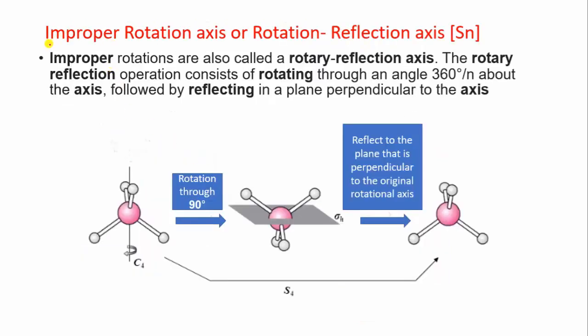Now next is the improper rotation axis, or rotation reflection axis. Improper rotation is also called a rotary reflection axis. The rotary reflection operation consists of rotating through an angle of 360 degrees by n about the axis, followed by reflecting in a plane perpendicular to the axis.